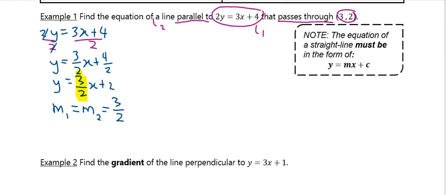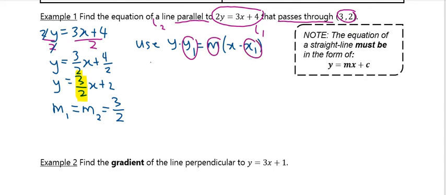So you have m = 3/2. Now when you pass this through one point, remember from the previous formula that you learned, you use this one: y - y1 = m(x - x1), and you can get the equation straight away. But let's substitute all the values that you know, which are y1, m and x1.